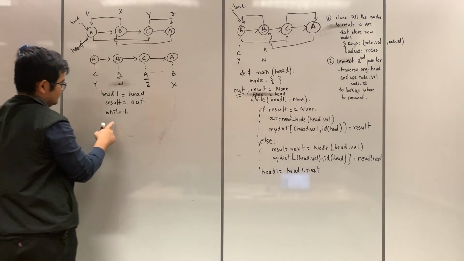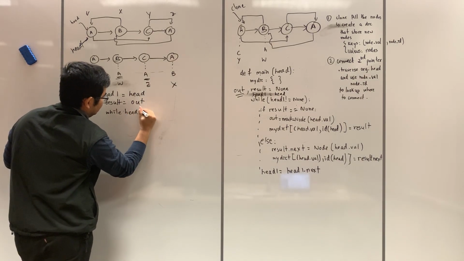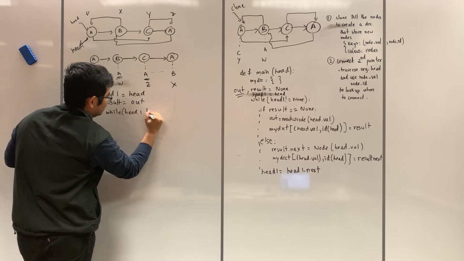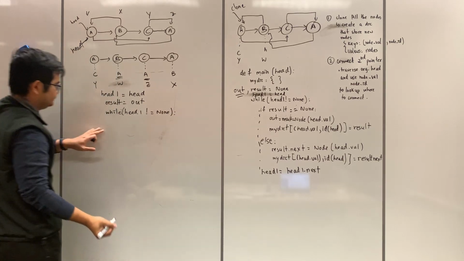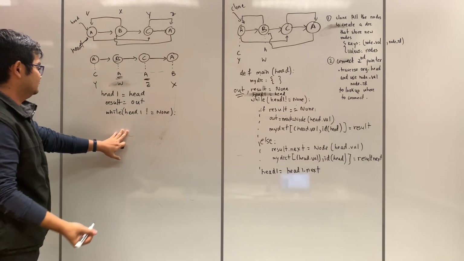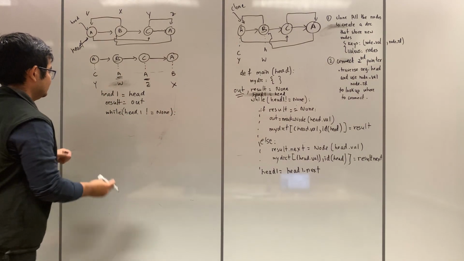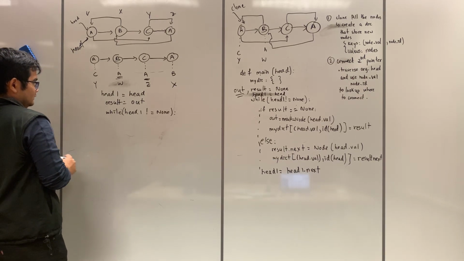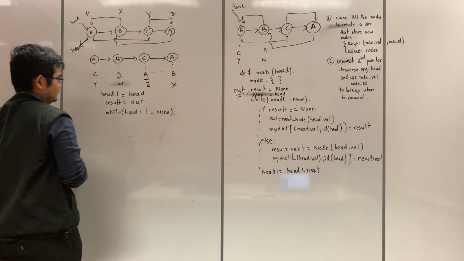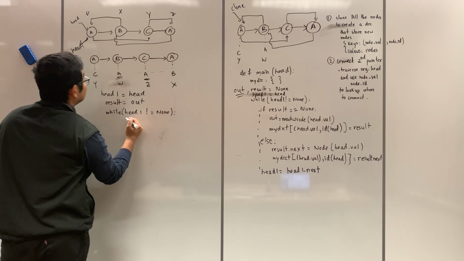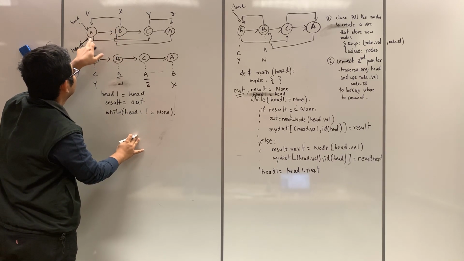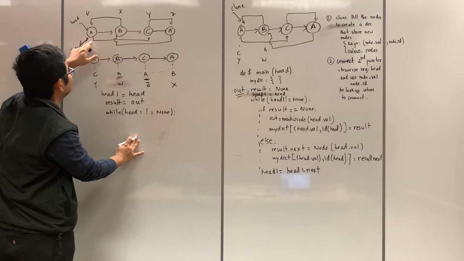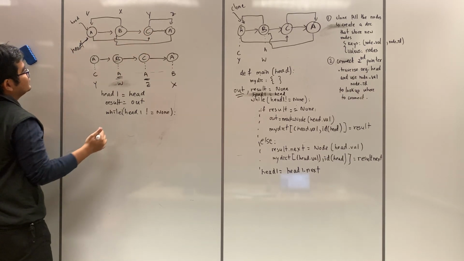And the same thing, while head1 is not none, we want to check where this A pointed to, like the second pointer.